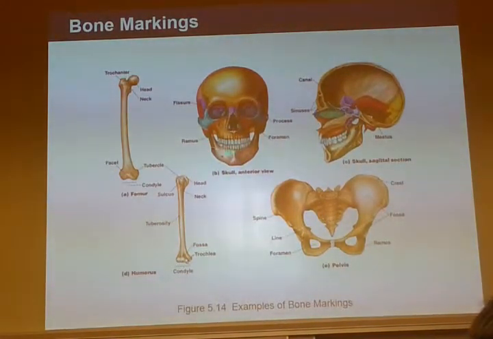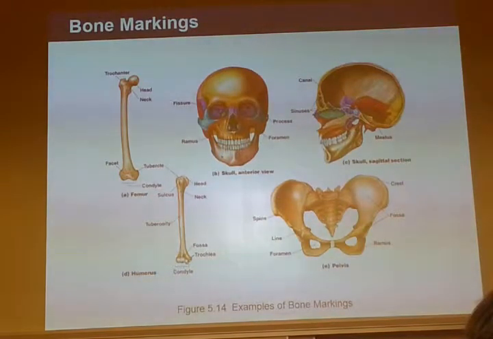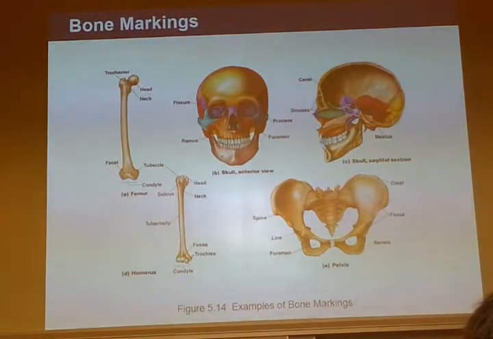A ramus is a term that can be used in tissues, it can be used in the bone. So in nervous tissue, you'll have ramuses, and in bone, you have a ramus. It generally is a more or less straight piece of bone connecting some other identified feature to another identified feature.